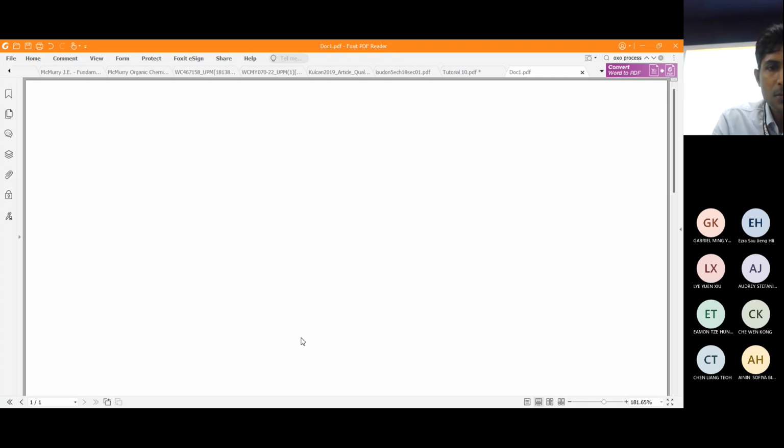Now, consideration number 2 is the leaving group, right? For this reaction, the leaving group was bromine. If the leaving group is stable, not that reactive, then SN2 reaction is preferable.